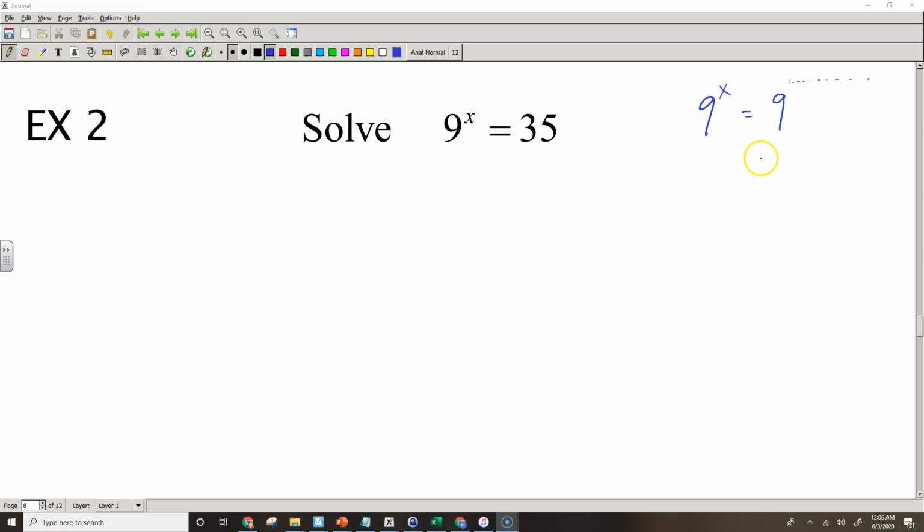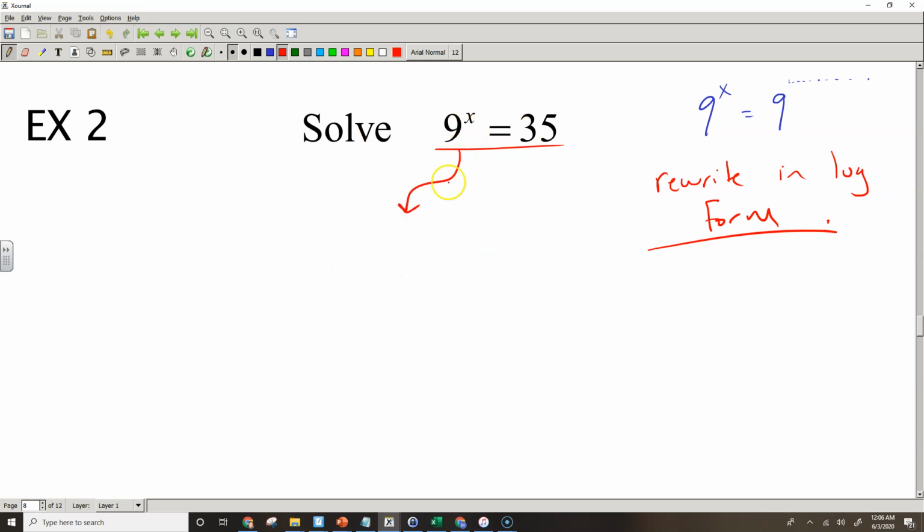So I'm going to take this problem that's written in exponential form, and I'm going to rewrite it in log form. So how am I going to do that?